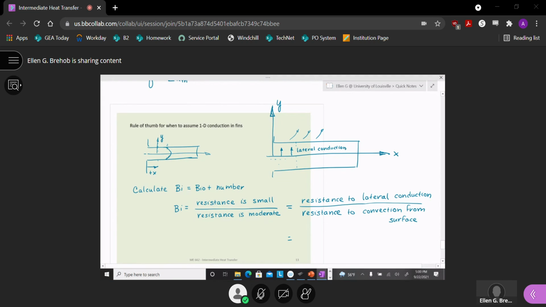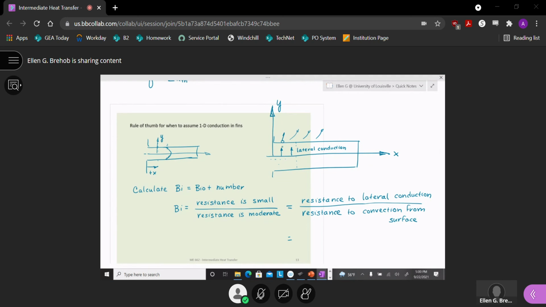Okay. So the other thing that would be problematic, if I had really high heat transfer coefficient and I had a fluid that was able to pull heat off of the surface really quickly, it would be hard for this fin to keep pumping heat in the lateral direction to make up the heat loss at the surface.